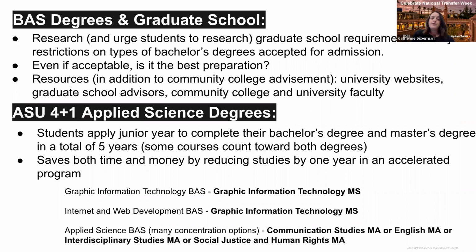It's really important for you to do research if you're advising students, and then of course urge students to take the lead on that research, to be aware of their graduate school requirements for any restrictions on types of bachelor's degrees accepted for admission. In many cases, the graduate programs will say that they require a bachelor's degree from a regionally accredited institution. They don't specify which type of bachelor's degree.